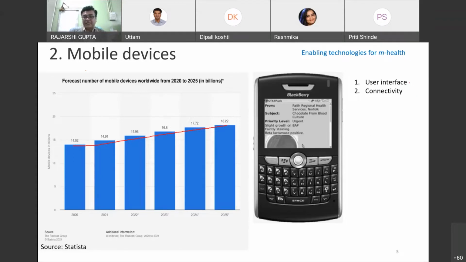And since we are now in the Android operating system, the user interface is very powerful. These are very user friendly, and as I have already mentioned, connectivity is another strong part of using the mobile phones.